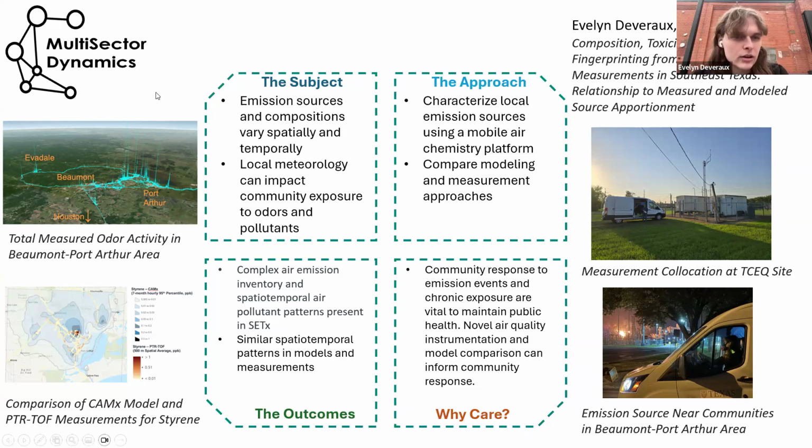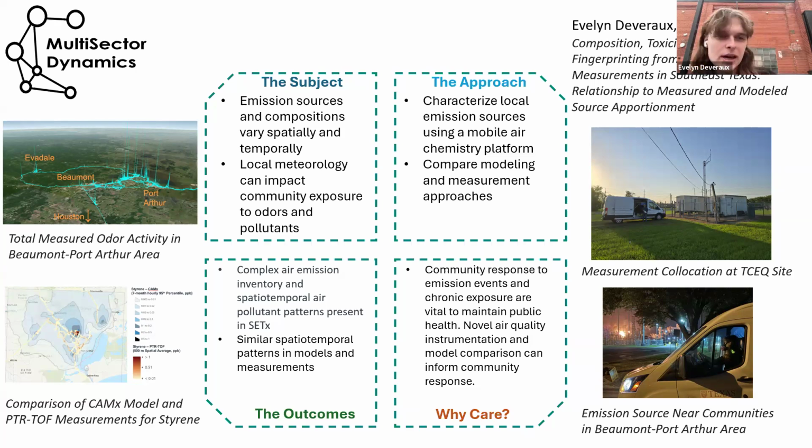If you take a look at the top left here, this is a map of the measured odor activity. This was derived using odor detection thresholds for hundreds of different chemicals that we measured in real time with our mobile measurement van that you can see there on the right.